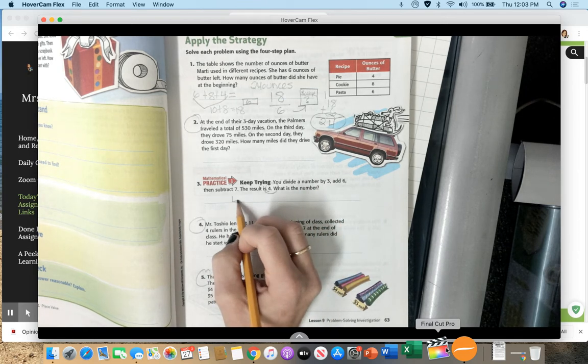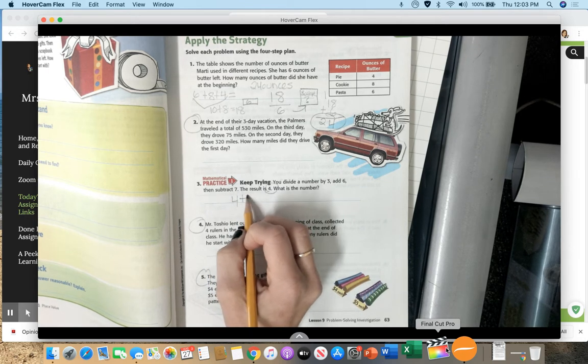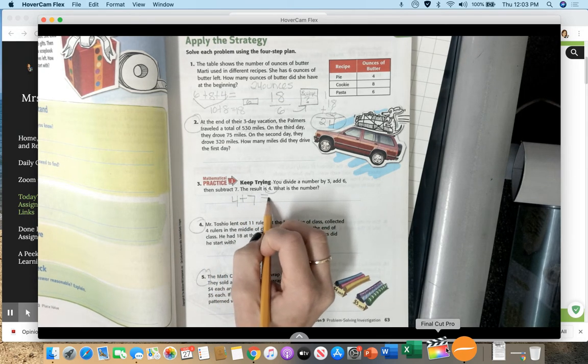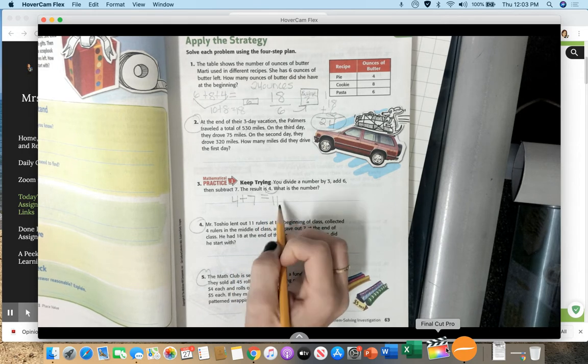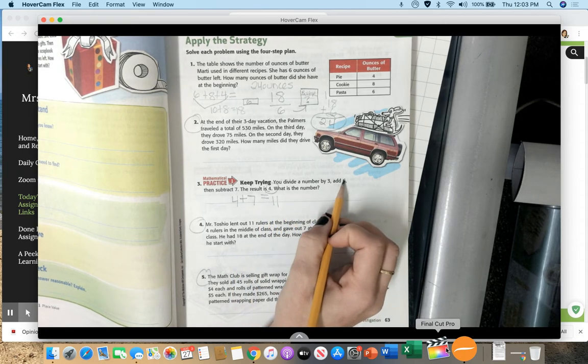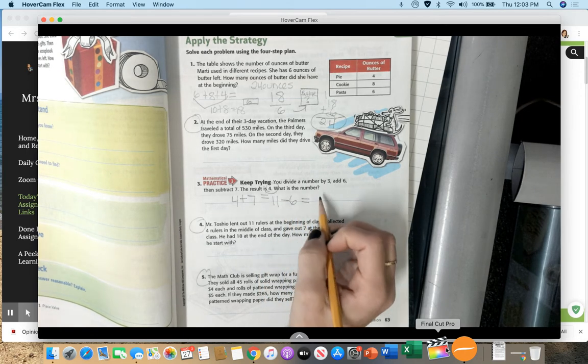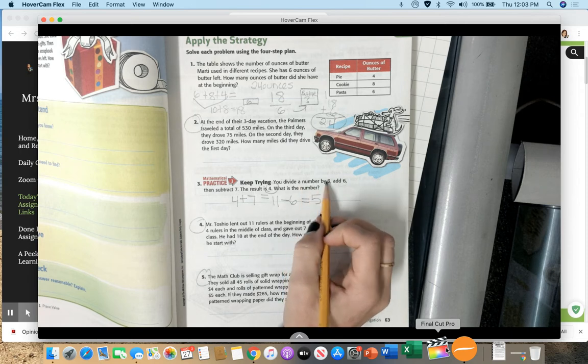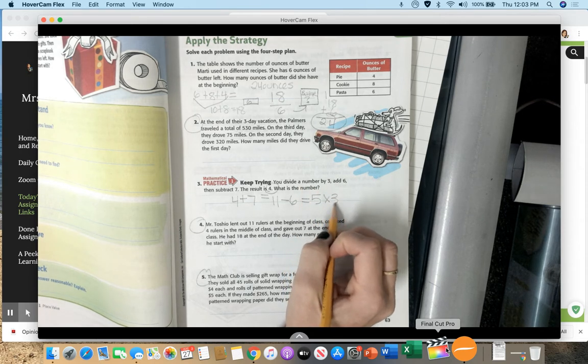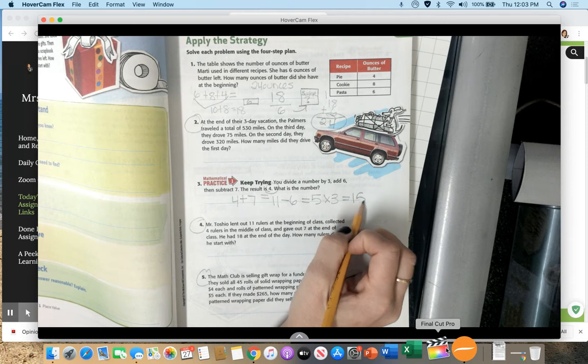So if I start with 4, instead of subtracting 7, let's add 7. And that gives me 11. Instead of adding 6, let's subtract 6. That gives me 5. And instead of dividing by 3, let's multiply by 3. That gives me 15.